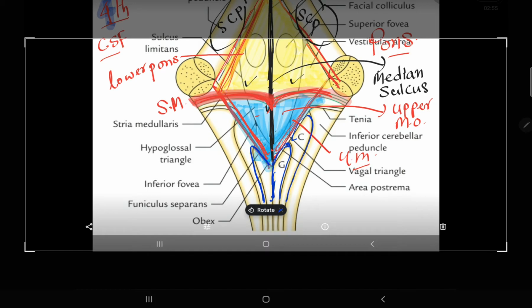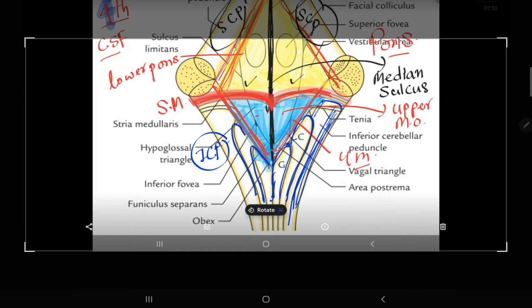Most medially is your gracilis tubercle, then lateral to it is your cuneatus tubercle. And most laterally is your inferior cerebellar peduncle.